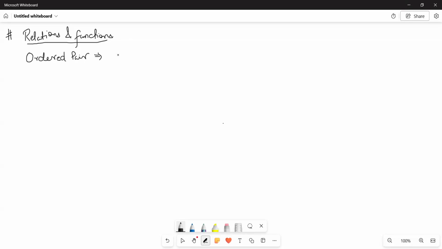If we have two numbers paired in a way where the order of the numbers is fixed, then it is known as an ordered pair.